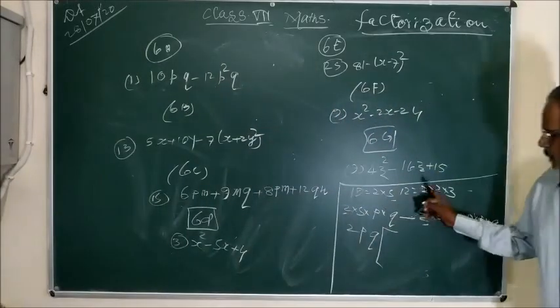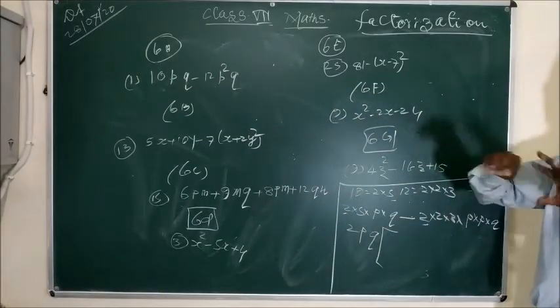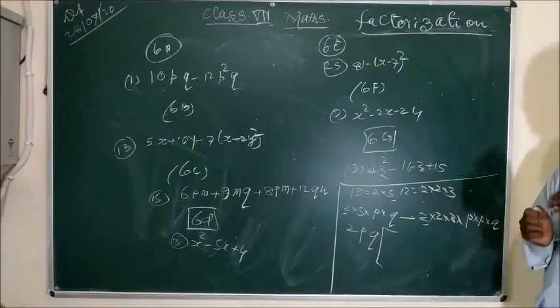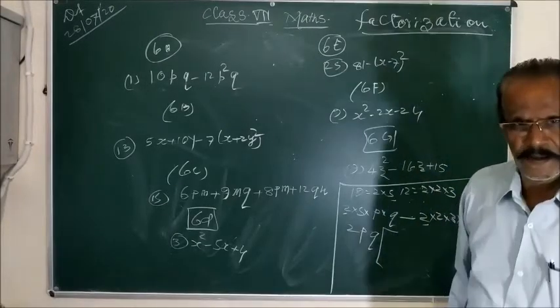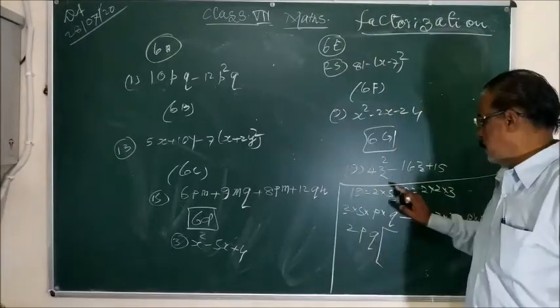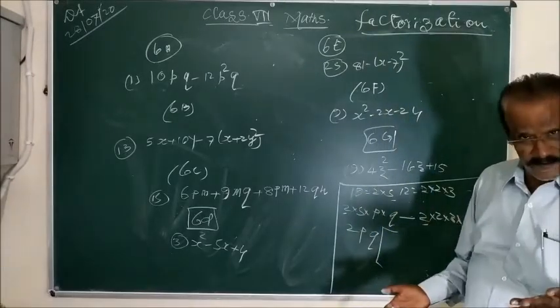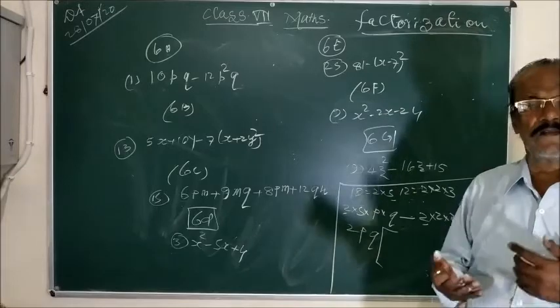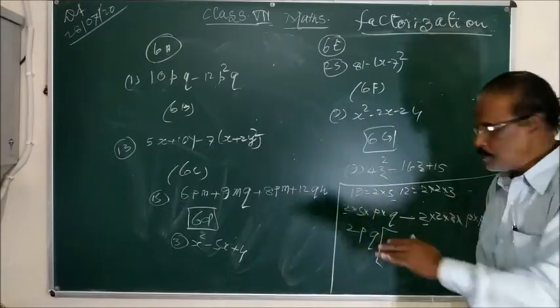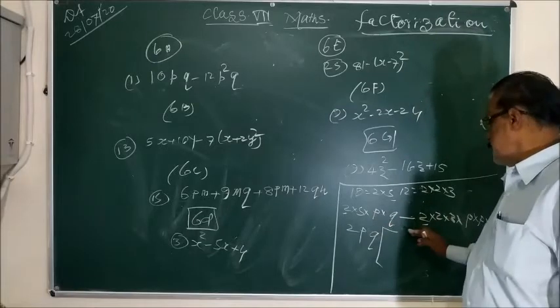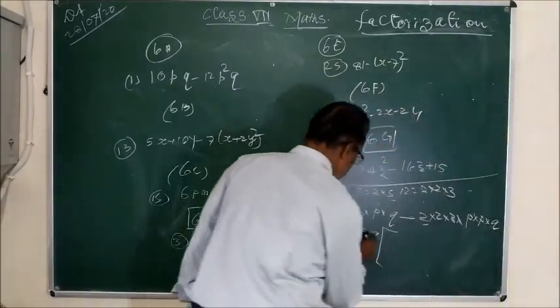Understand? You split the given expressions into smaller and smaller terms, and then you see what is common in the coefficients and what is common in the variables, and you take these two commons out of the bracket, and the remaining you will put inside the bracket.